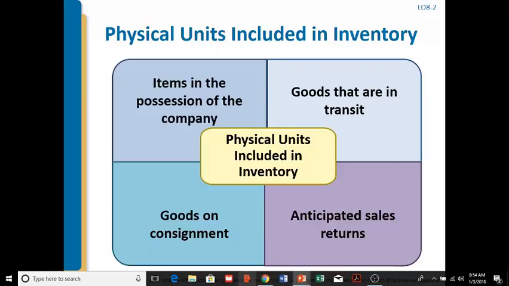But the consignor still continues to own the items that are on consignment with the consignee, and thus is responsible for listing those items on consignment in their inventory. And sales returns we talked about already, so I'm not going to discuss it any further here.